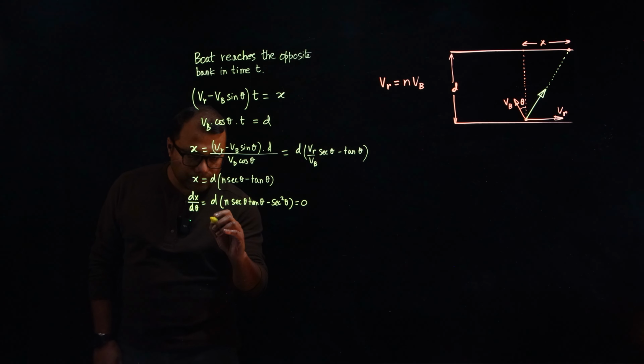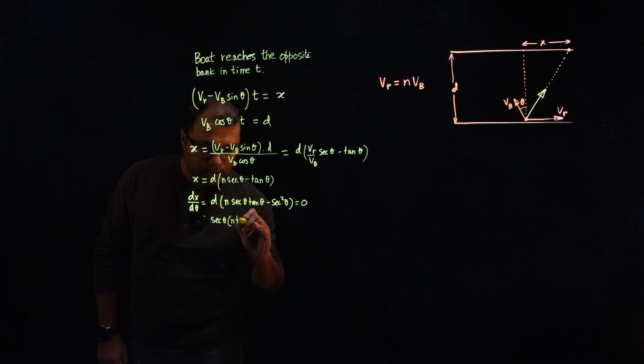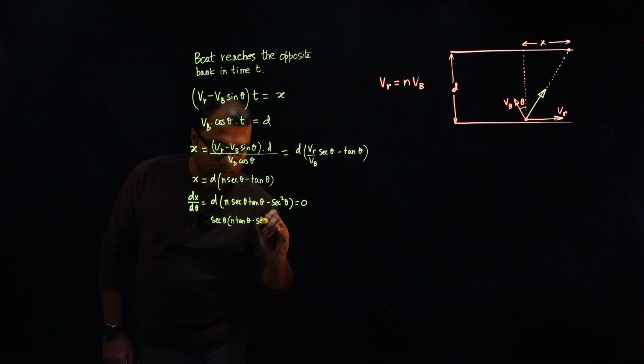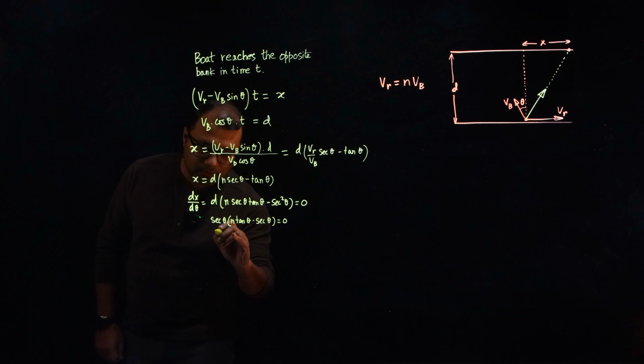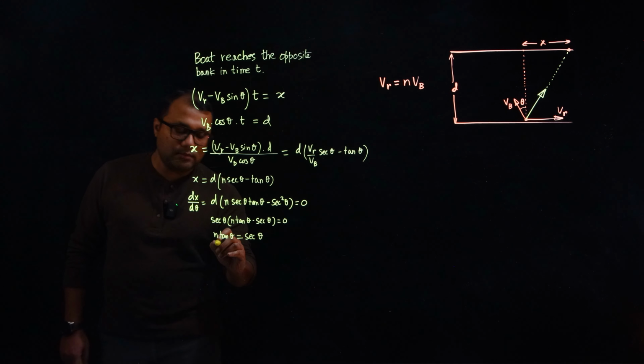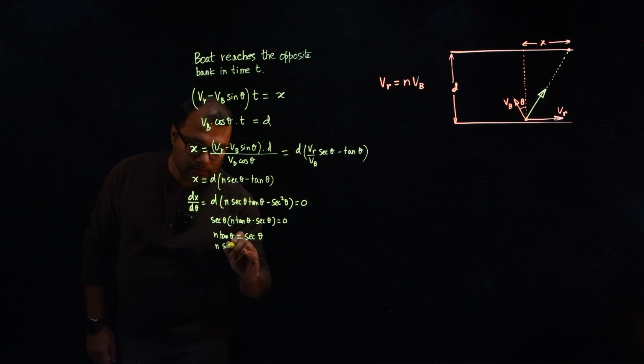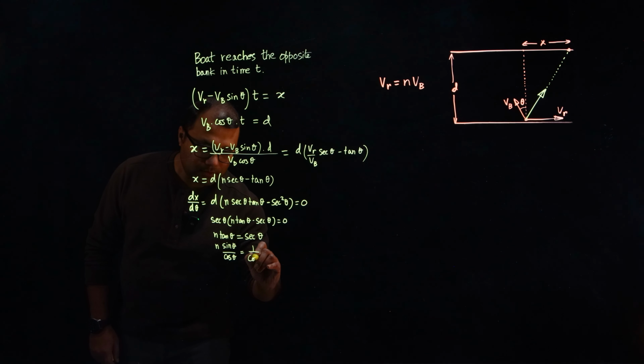So we have sec theta times n tan theta minus sec theta is equal to 0. Now sec theta cannot be 0, so n tan theta minus sec theta must be 0, so n tan theta is equal to sec theta. This is n sin theta by cos theta, and this is 1 by cos theta, or we can simply write sin theta is 1 by n.